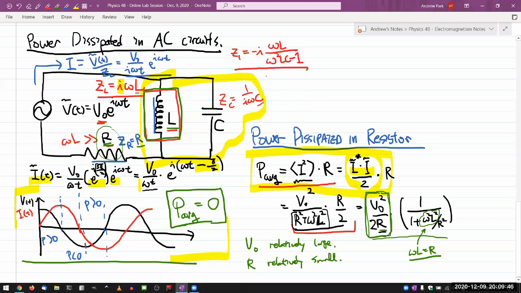As omega goes to 1 over the square root of LC, as in when this combination of factors approaches 1, G1 approaches infinity. It looks like an open circuit here.